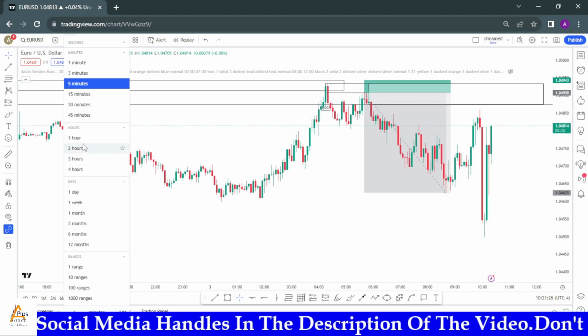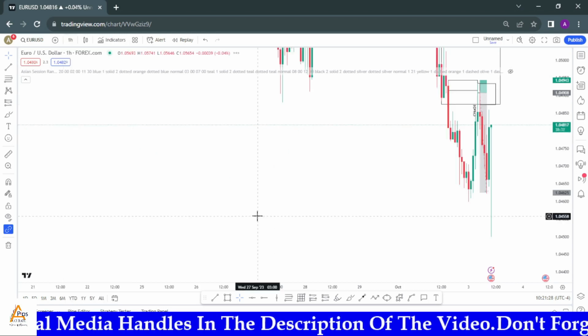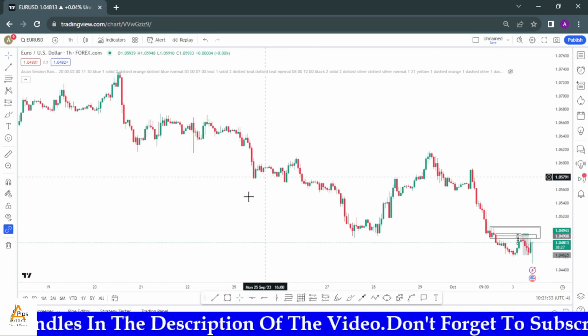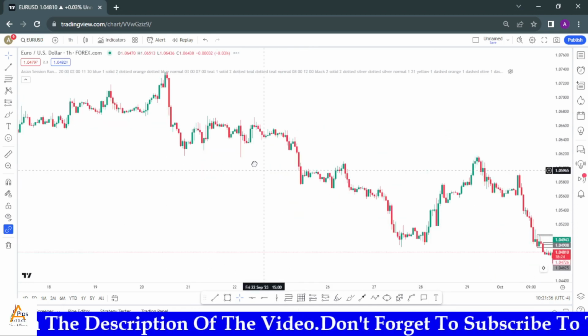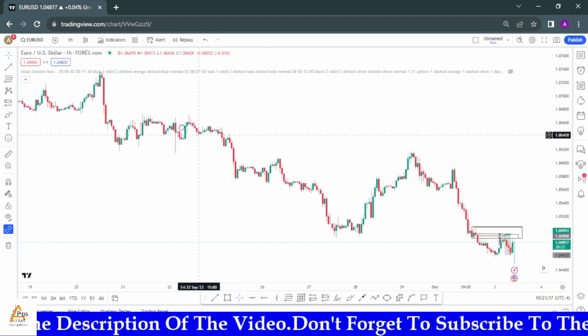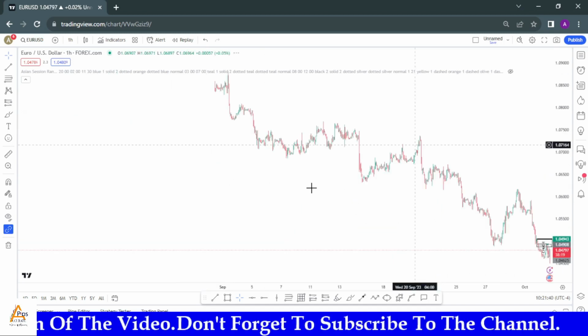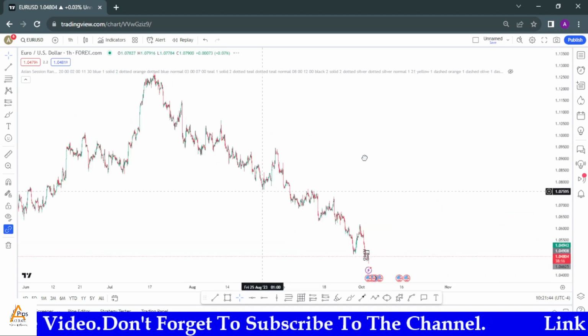Let's check something. Let's go to H1 and let's see. I will not be surprised that the reversal has tapped into a POI either on H1 or H4.